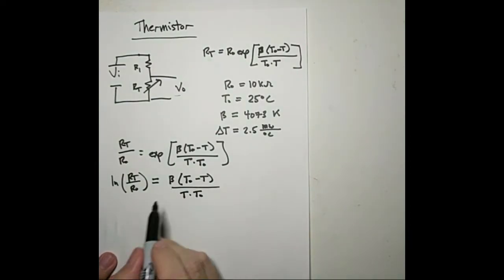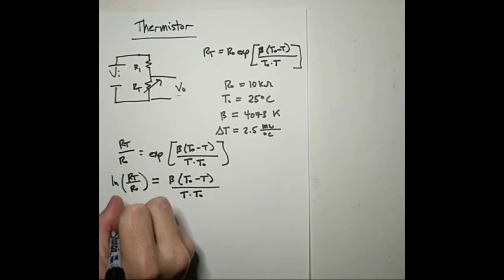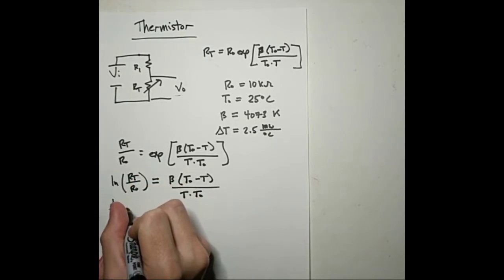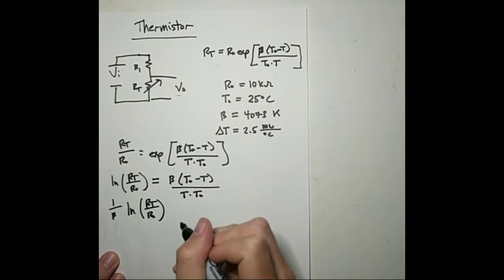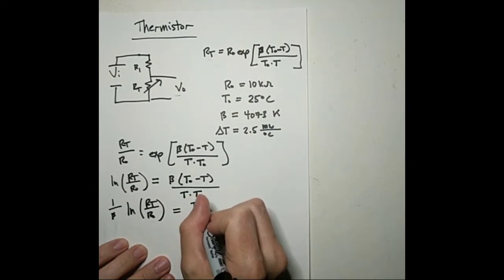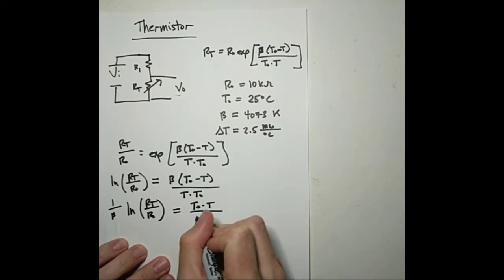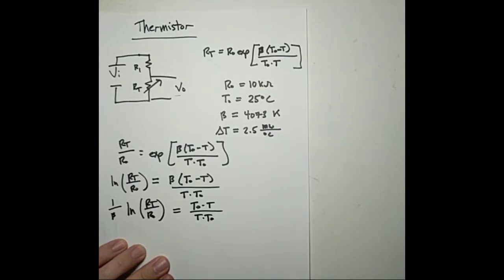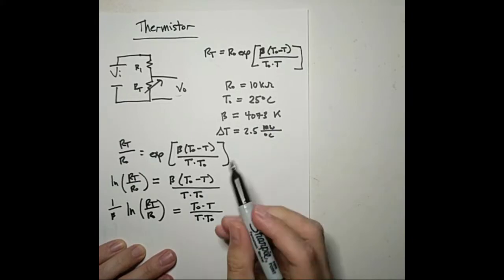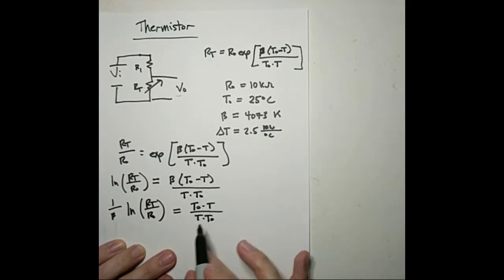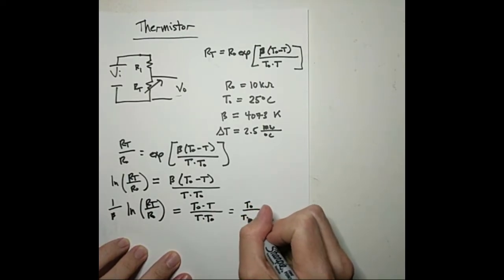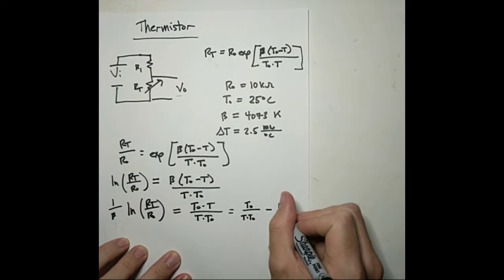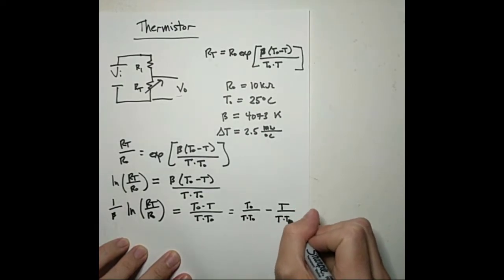Then I would divide both sides by beta. So we have 1 over beta, the natural log of RT over R naught, is T naught minus T over T times T naught. Now since we have multiplication in the denominator and addition in the numerator, we can split this into two separate things: T naught over T times T naught, minus T over T times T naught.